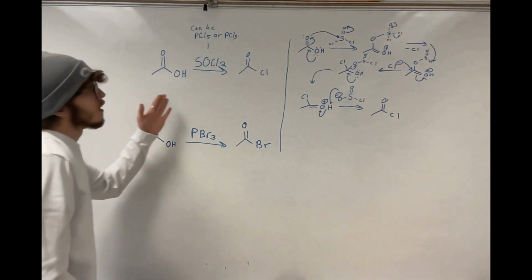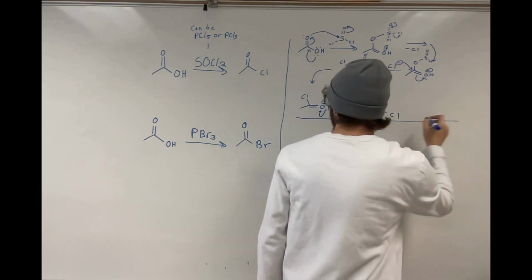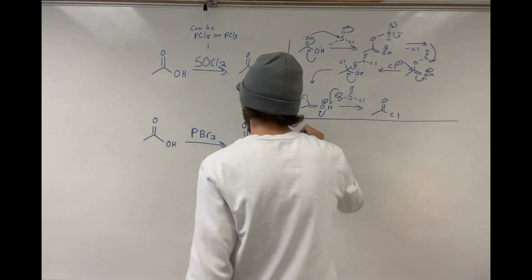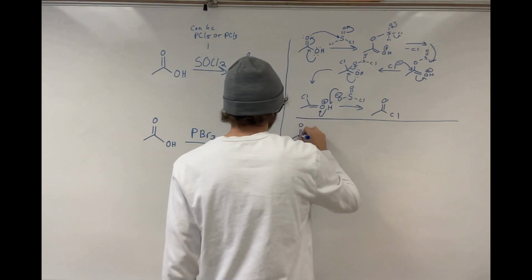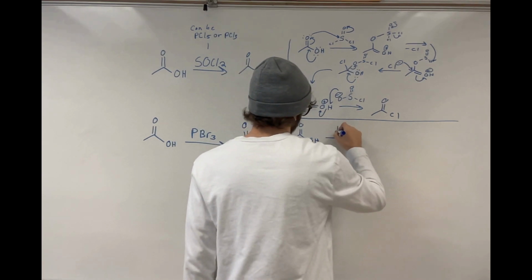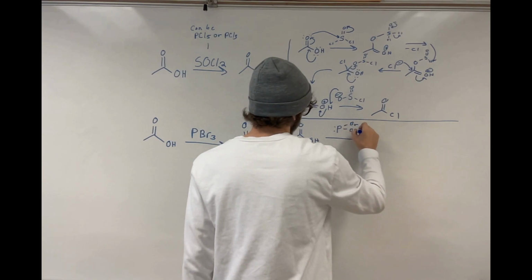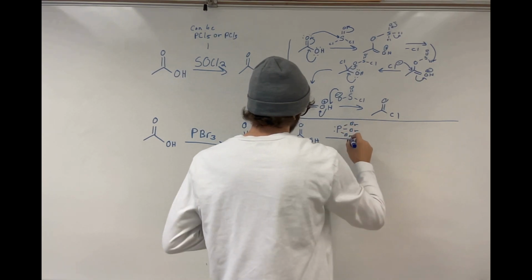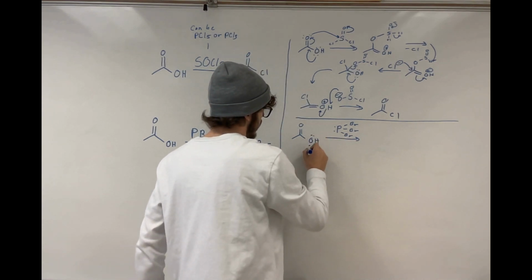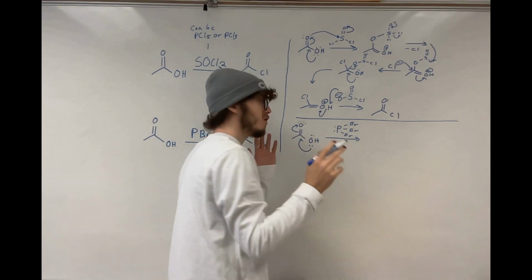We go through this whole process to get this, and now let's look at our PBr3 mechanism. So PBr3 looks like this. Okie dokie, same kind of spiel. We're gonna do that whole kicking up of electrons. It doesn't really happen this way.